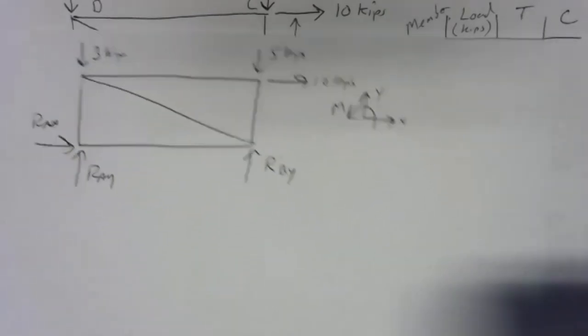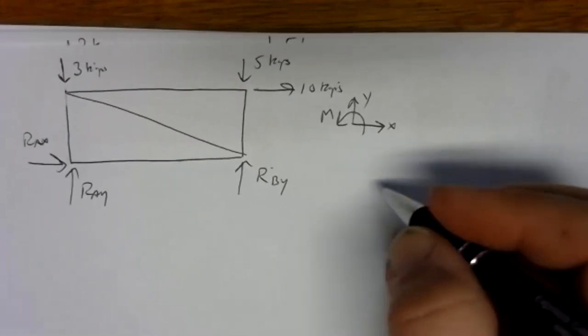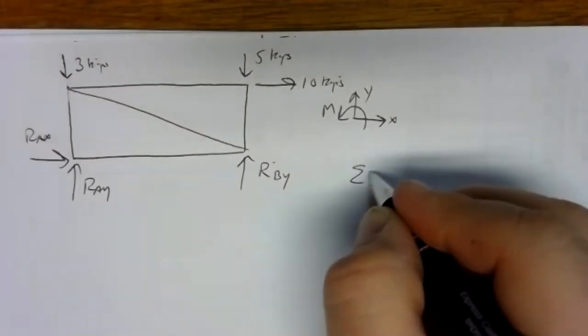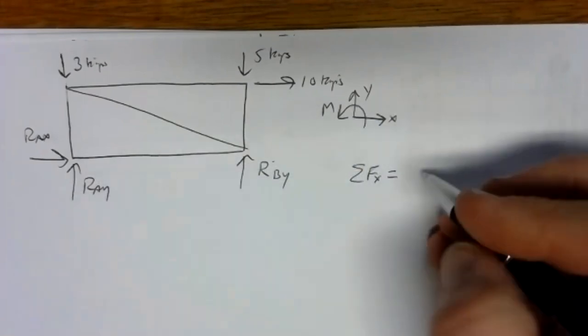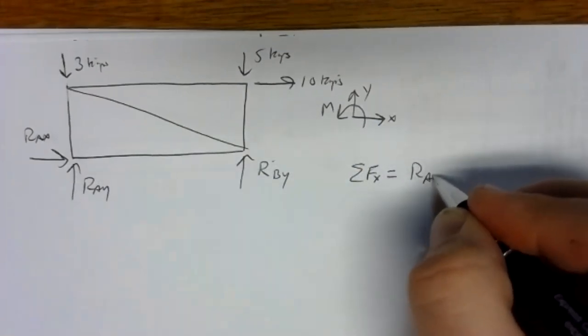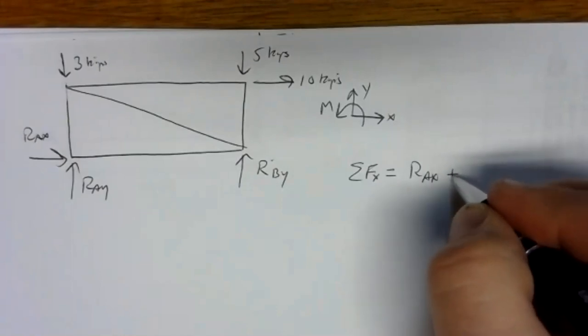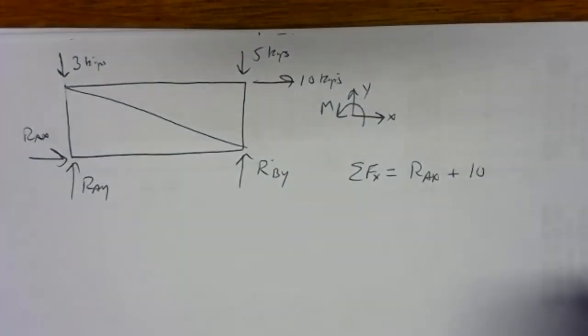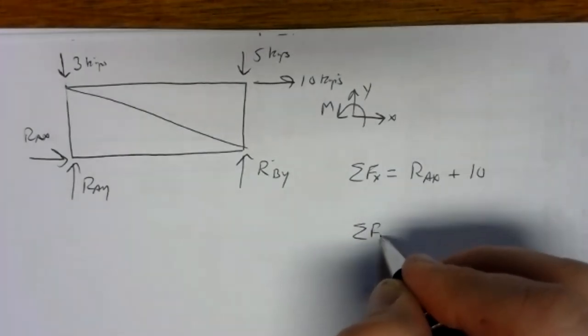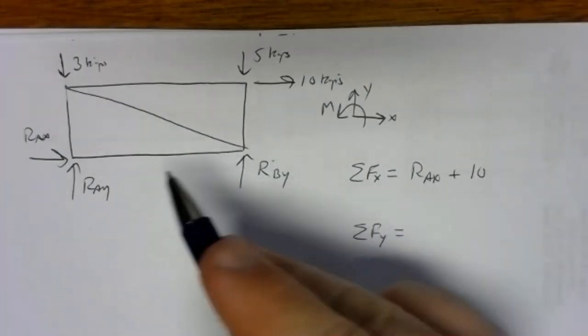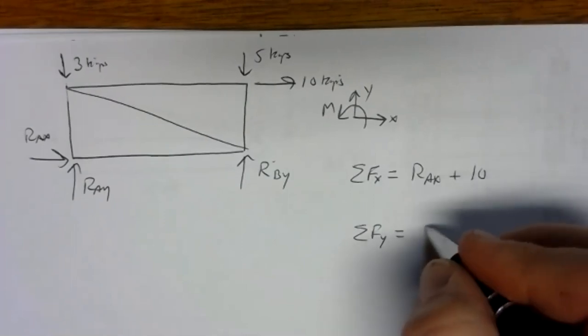Sum of forces in the X direction: we've got RAX positive, and we've got 10 kips positive. In the Y direction, we've got RAY and RBY both up.